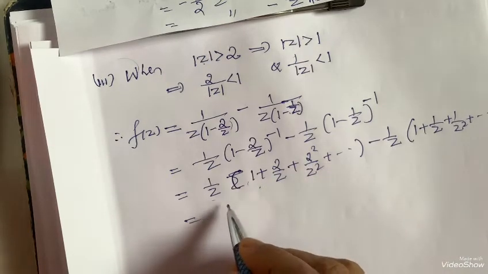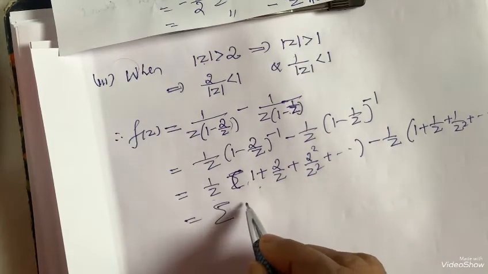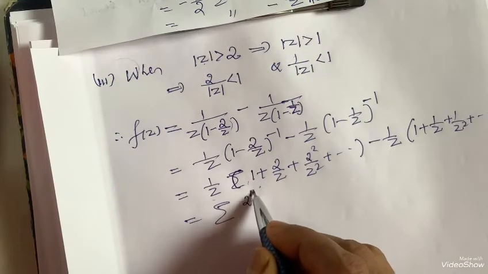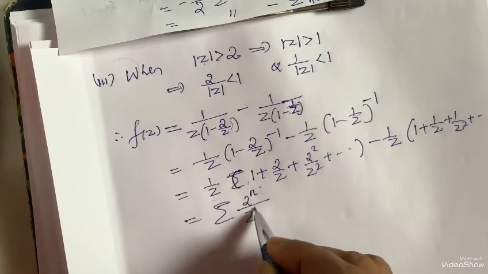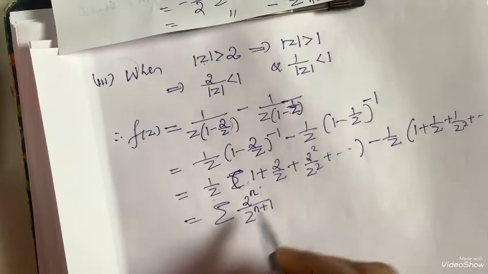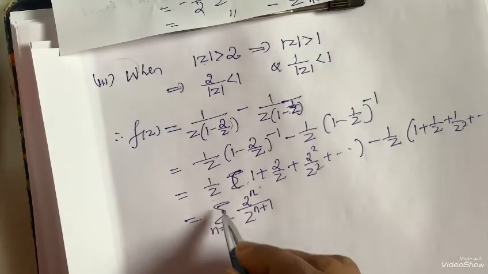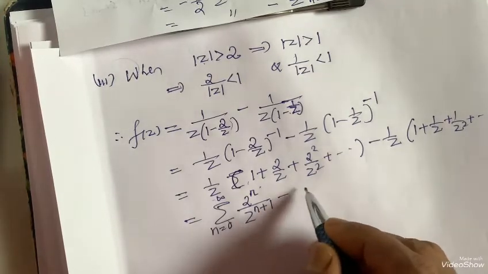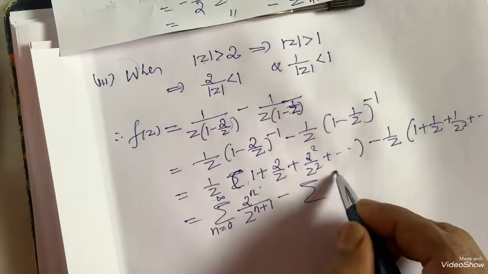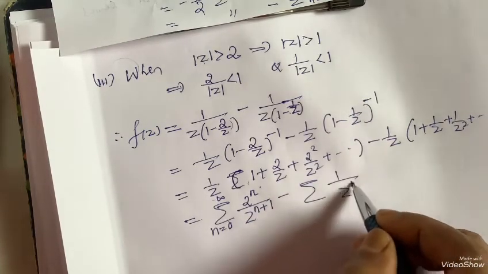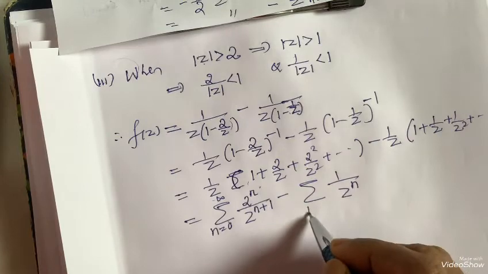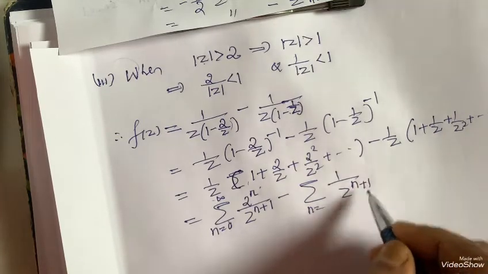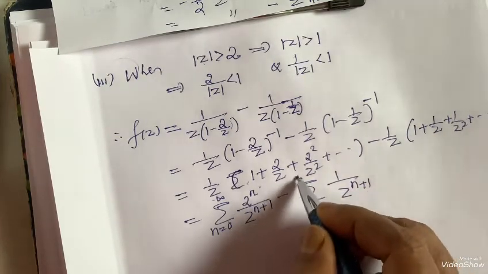So that will be summation of 2 raised to n z raised to n plus 1, n is from 0 to infinity, minus summation 1 upon z raised to n plus 1, n is from 0 to infinity.